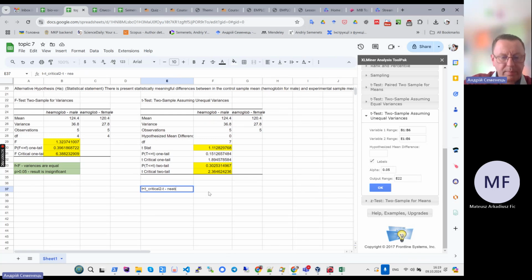So means are statistically equal. But again, we have the case when P significance is greater than 0.05. Result is insignificant.